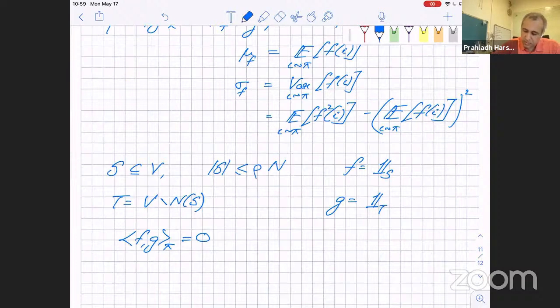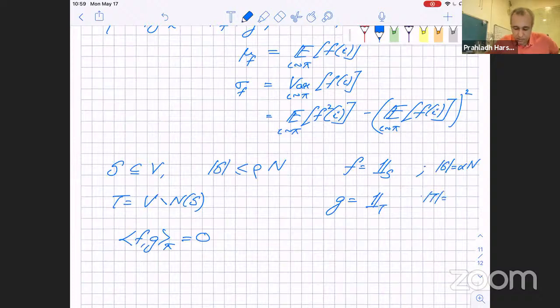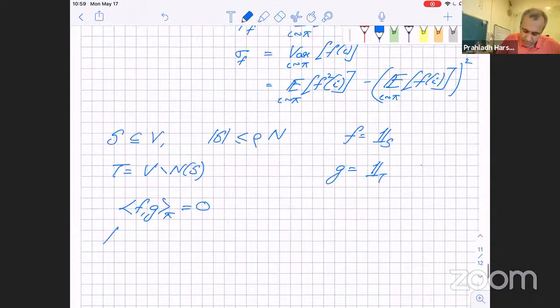Let's do this carefully. Let the size of S be equal to alpha n, so alpha is some number less than rho, and let the size of the neighborhood of S be beta n.